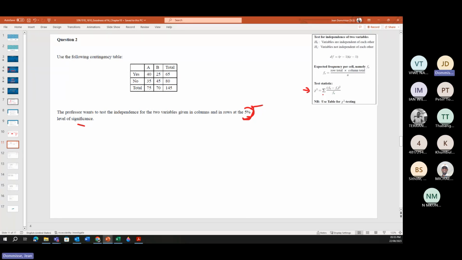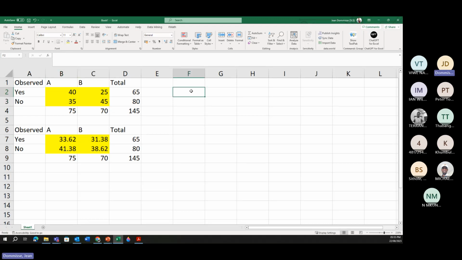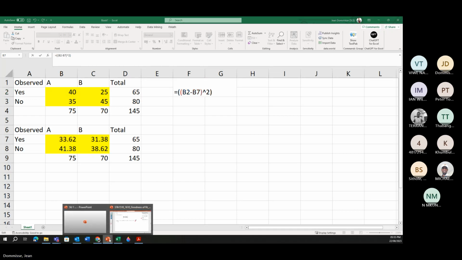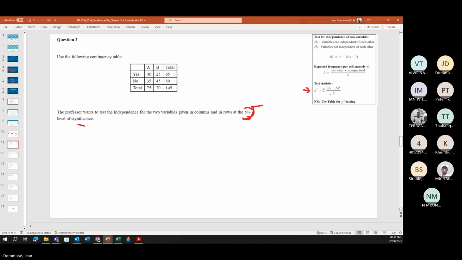The formula is observed minus expected, to the power of 2, and then divided by expected.